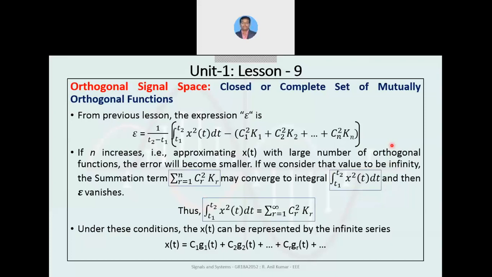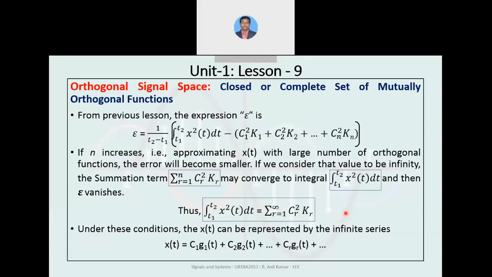As you already got the expression of epsilon, that is the mean square error, from the previous lesson, it is given as 1 by t2 minus t1 integral t1 to t2 x square of t dt minus summation of cr square into kr, where r is expressed from 1 to n. As the value of n increases, approximating x of t with a large number of orthogonal functions will result in less error.